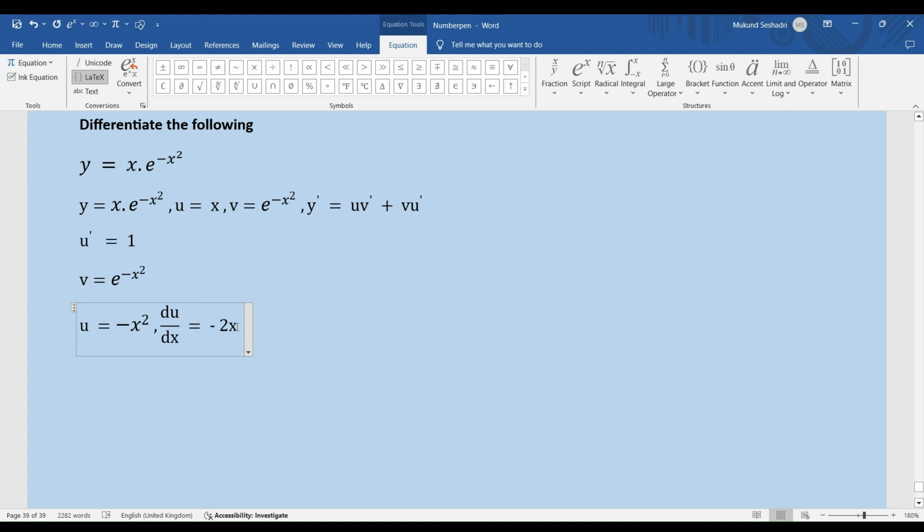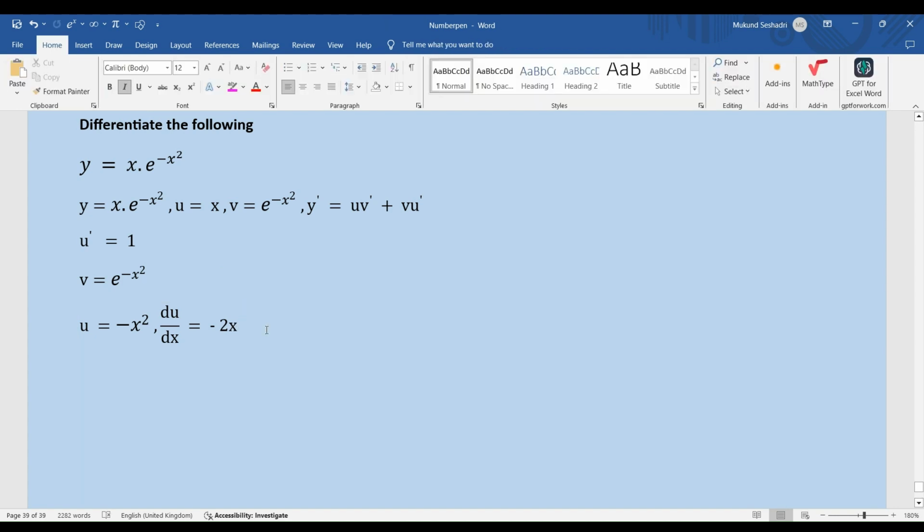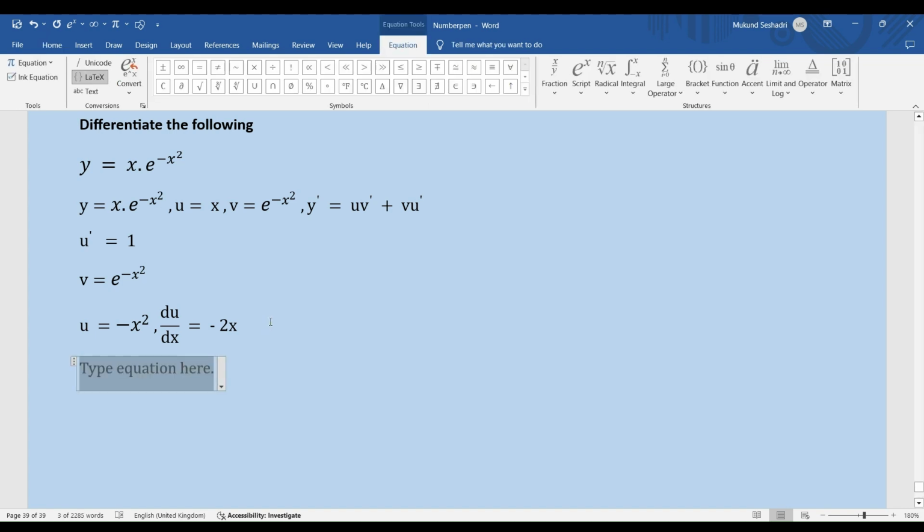It is nothing but minus 2x, right? And if you're not able to make out which formula I've applied, please do take a look at my description. I've put a list of all the formulas that we commonly use when solving these problems, right? So I have my du by dx, and then I'm going to jump to my dv by du, right? So what is my dv by du?